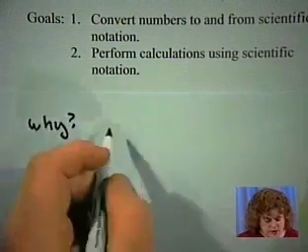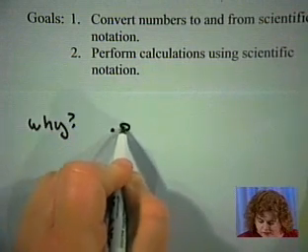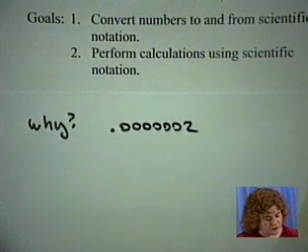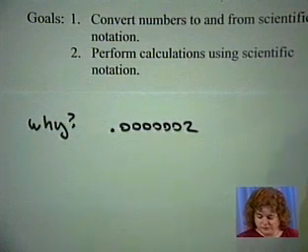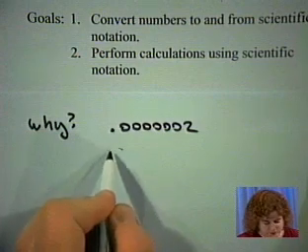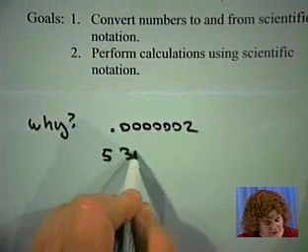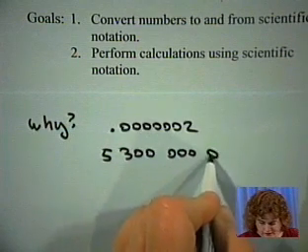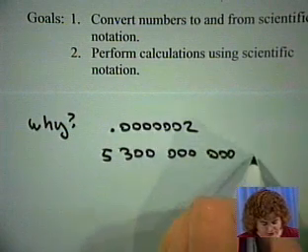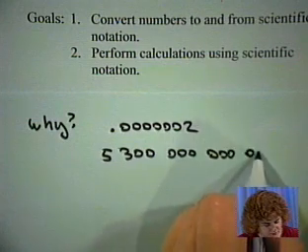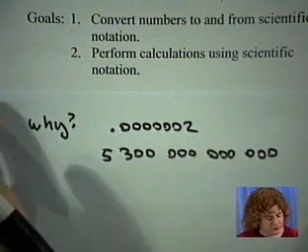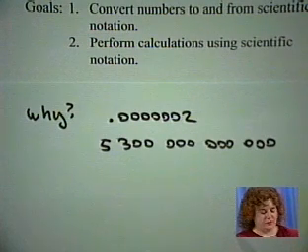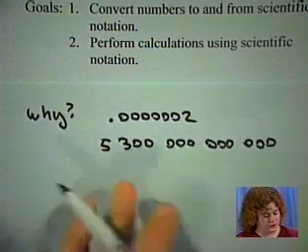You often run across numbers like .0000002 and related numbers, or numbers like this one. And instead of using commas, I'm just separating the groups of 3 with spaces. And there are a lot of placeholders in these numbers. These are very inconvenient to work with.